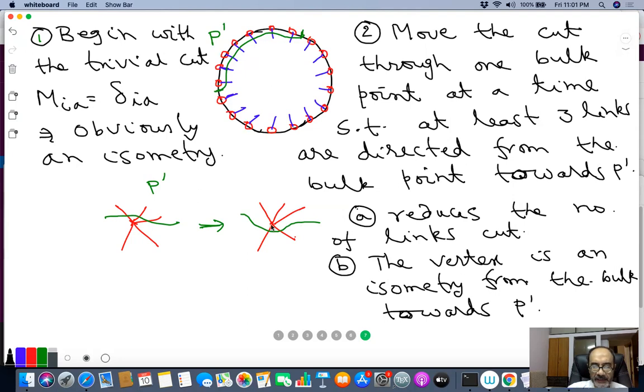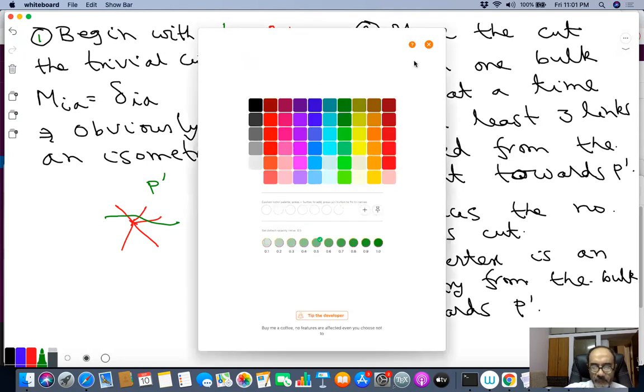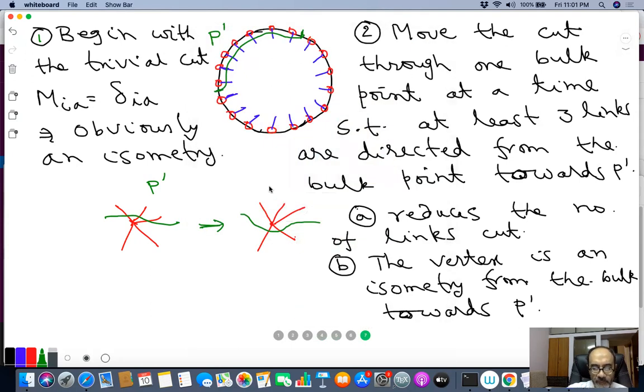Because the number of outputs is at least 3 from here, since at least 3 are directed towards P prime. So this is an isometry.